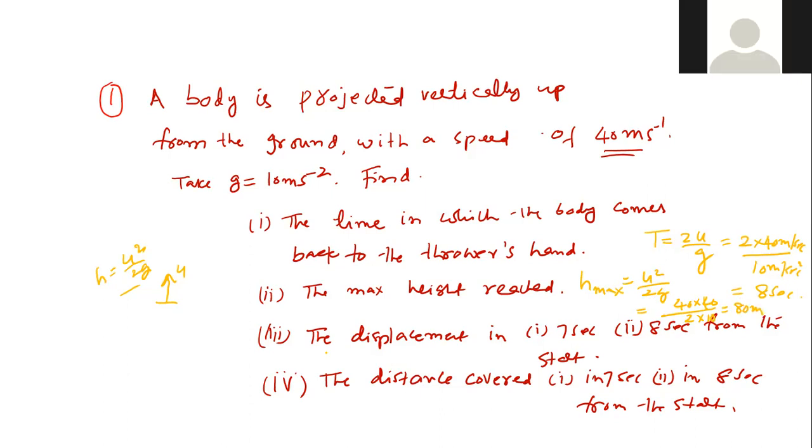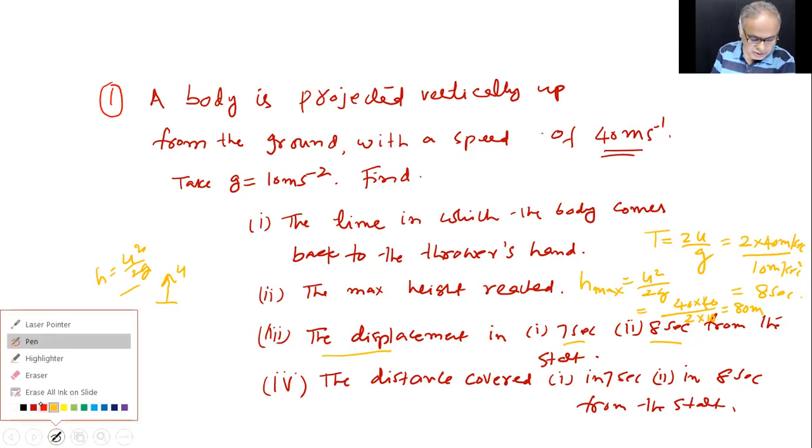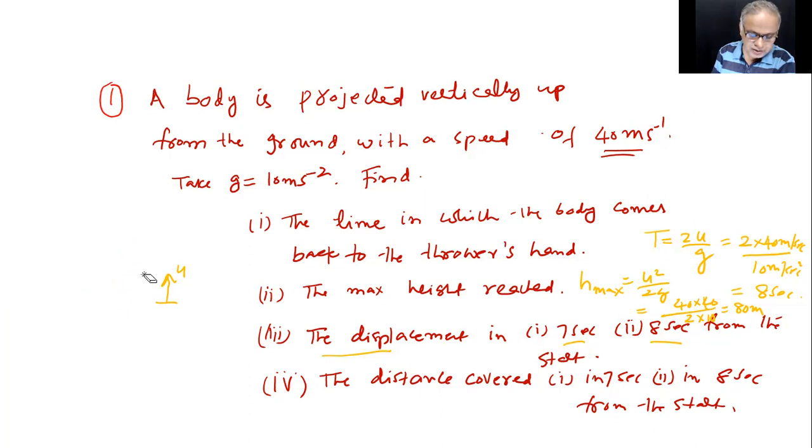Right. The displacement in 7 seconds, 8 seconds. Since in 8 seconds it comes back, you could tell without doing anything, displacement is 0 in 8 seconds. Or write your formula once again if you want.